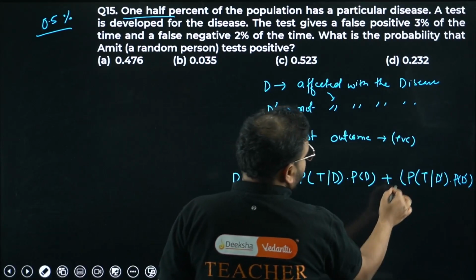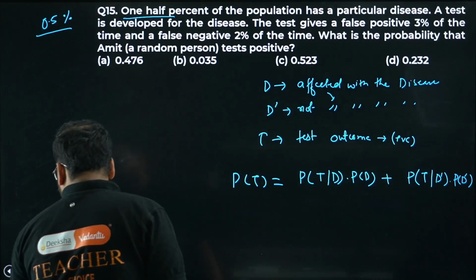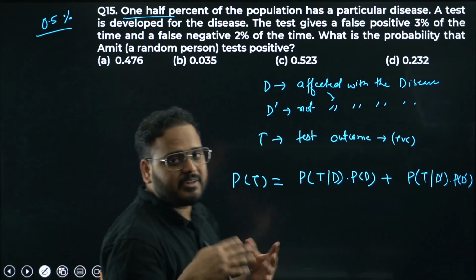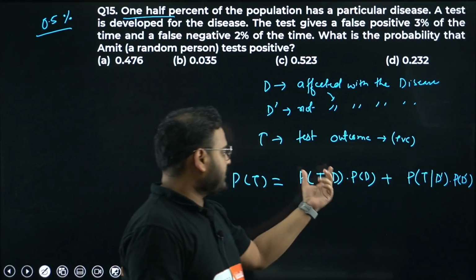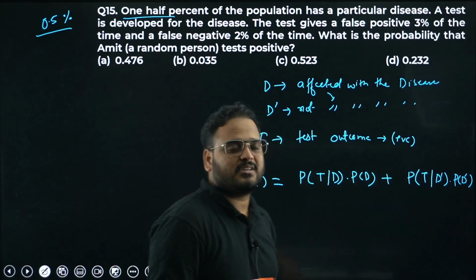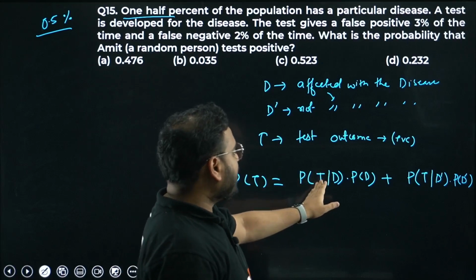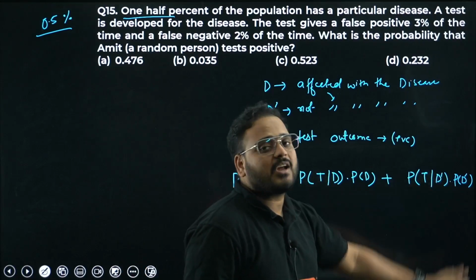Any person can test positive from two categories, whether he or she has the disease or doesn't have the disease. So test positive when disease is there, test positive when disease is not there.